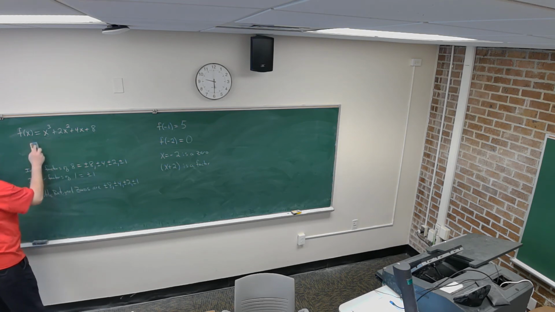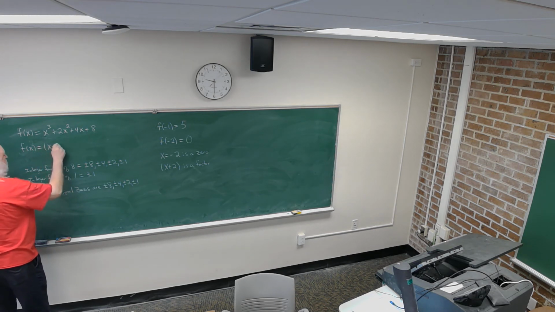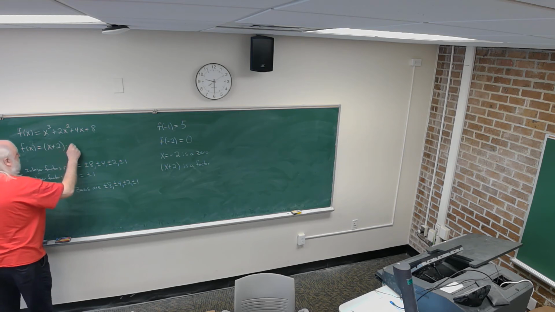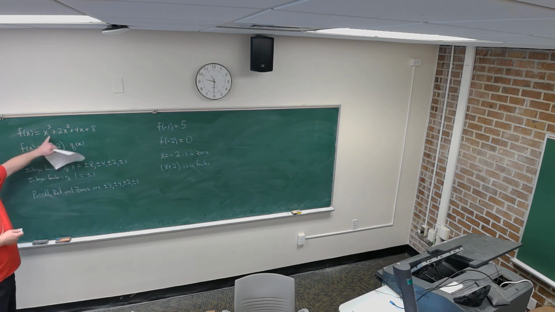So the right-hand side of f of x factors into x plus 2 times some unknown quadratic. You notice you get to a point where you're just doing the same thing over and over again, right? It's a third degree polynomial.